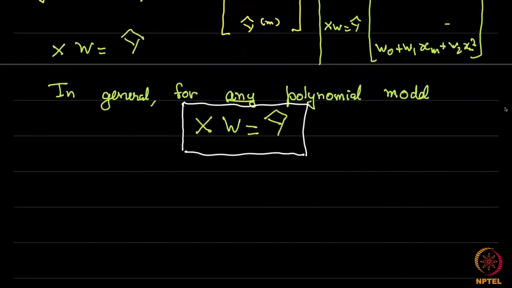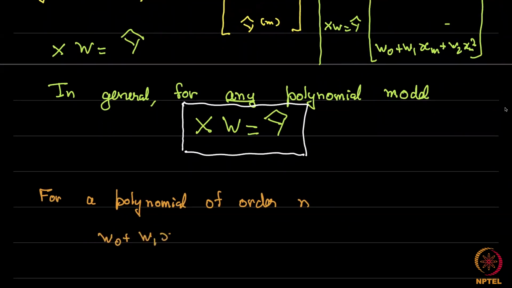Okay. Now let's compare sizes for a polynomial of order n. A polynomial of order n would look like W0 plus W1 x plus W2 x square up until Wn x power n.